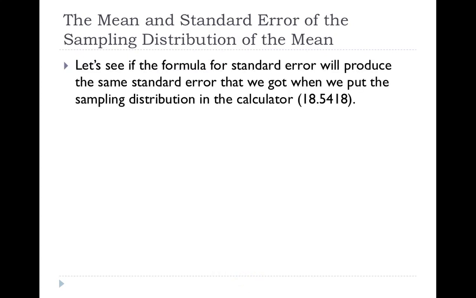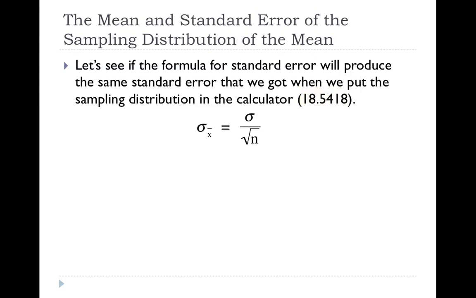So let's see if that formula for the standard error will produce the same standard error that we got when we put it in the calculator. I said that when the calculator list becomes too large, it's not feasible to put all those values into a list. So let's see if we can recreate this number using our formula.